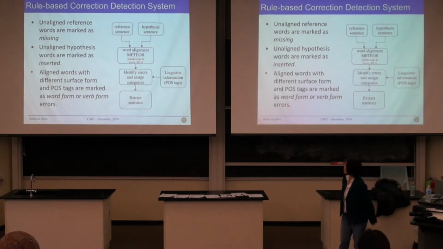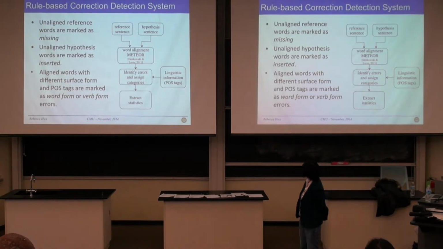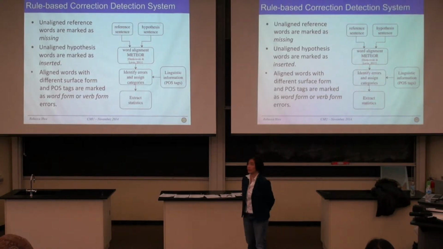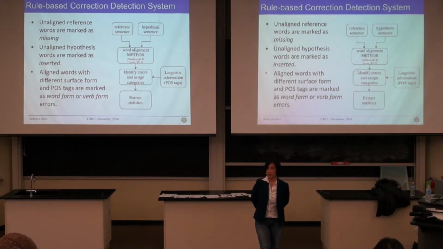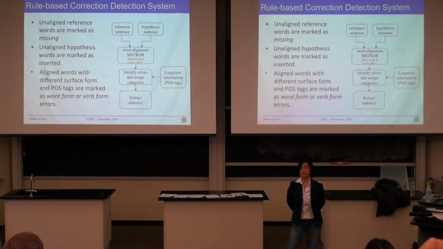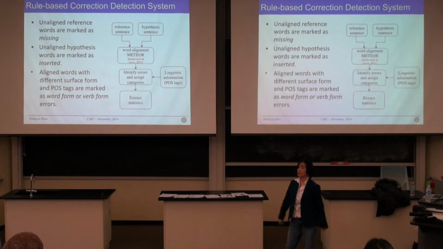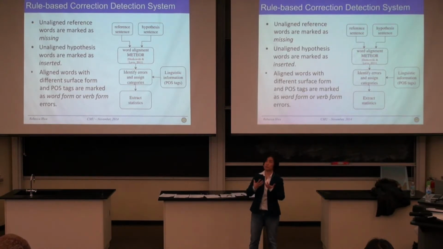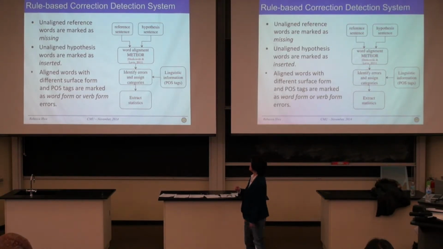So the system is fairly straightforward. You compare the reference against the hypothesis MT system. We use METEOR as the word alignment. And this is in a way nicer than the minimum edit distance because you can now capture some of the synonyms, etc. And so it's possibly more suited for the MT scenario.